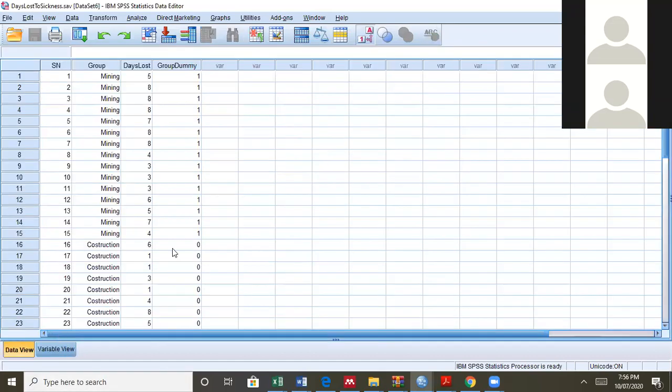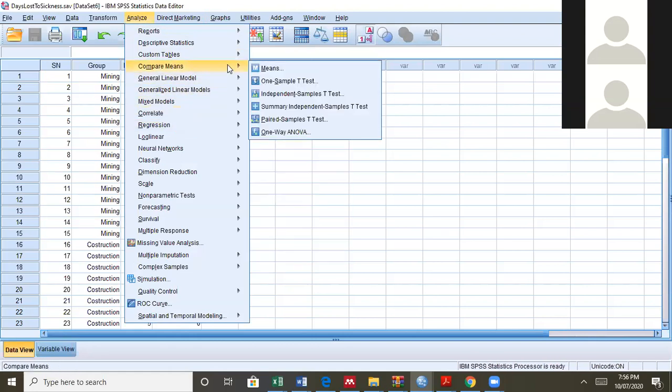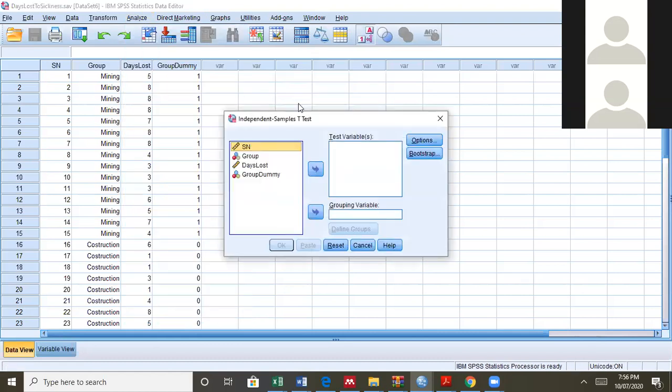So you can go to analyze, compare means, independent sample. The first one was one sample, because you know the mean of that.